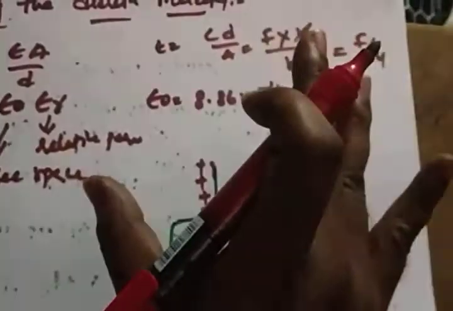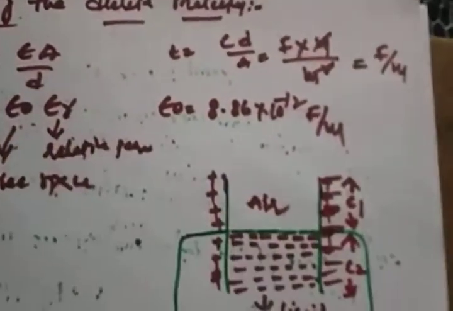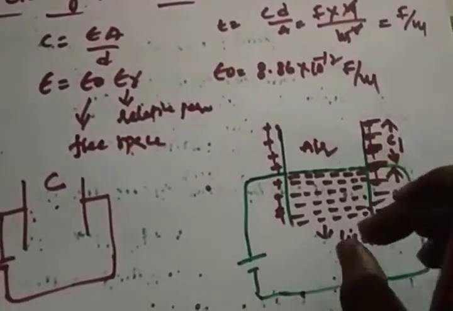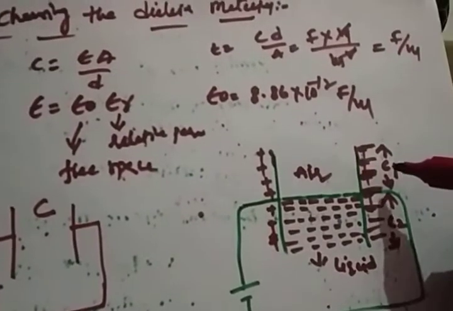Initially only air is used as the dielectric material. So what about the capacitance? The capacitance value will be C. Now you are changing your dielectric material. That means you are using air and the liquid, so they form C1 capacitance and C2 capacitance.